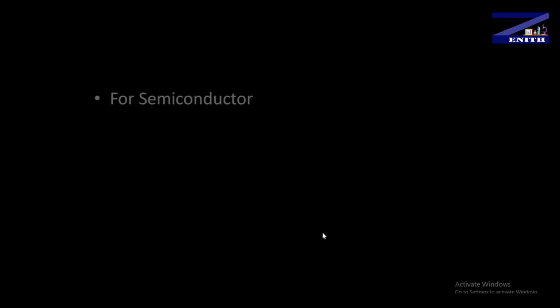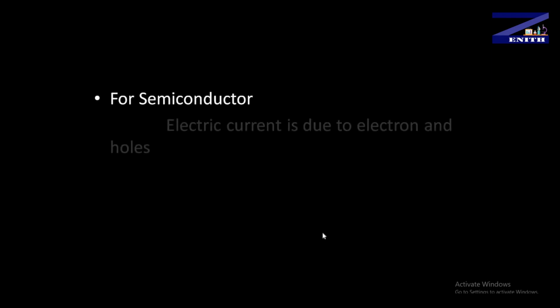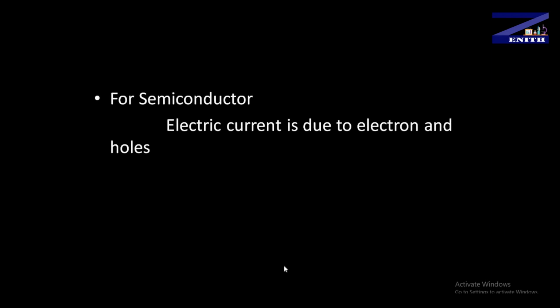So now for the semiconductors. In semiconductors, the electric current is due to the electrons and the holes. So the electric current is given by the current due to electrons plus the current due to holes, that is e n A Ve plus e p A Vh. n is the number of electrons and p is the number of holes in semiconductors.